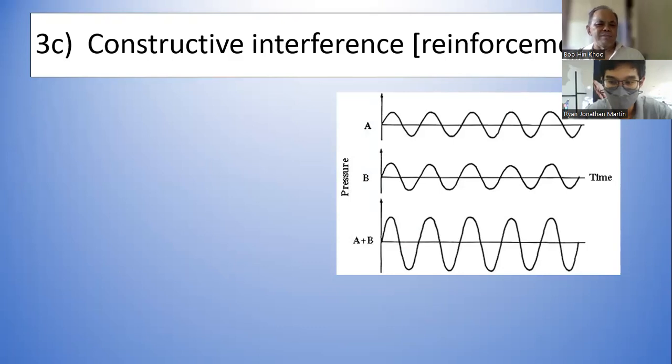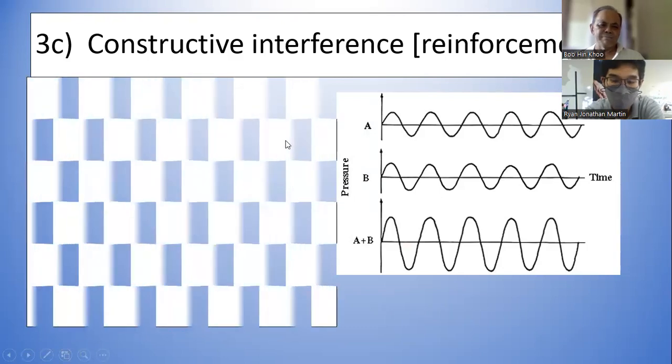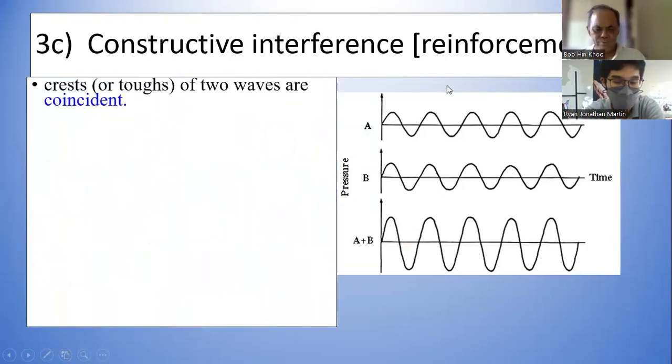Okay, the two terms of interest will be constructive and destructive interference. Constructive interference or reinforcement. Remember, these two waves are on top of each other. So the crests of the two waves coincide. The two waves are in phase.